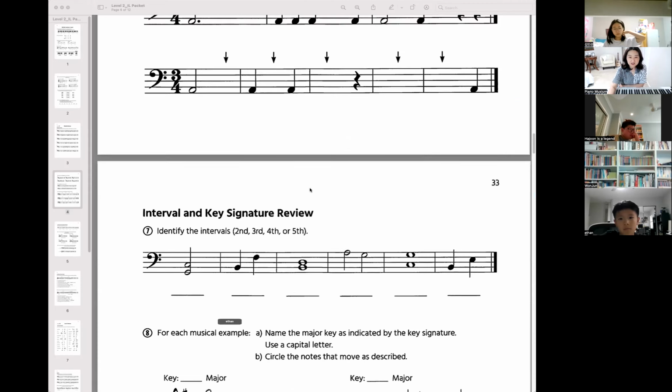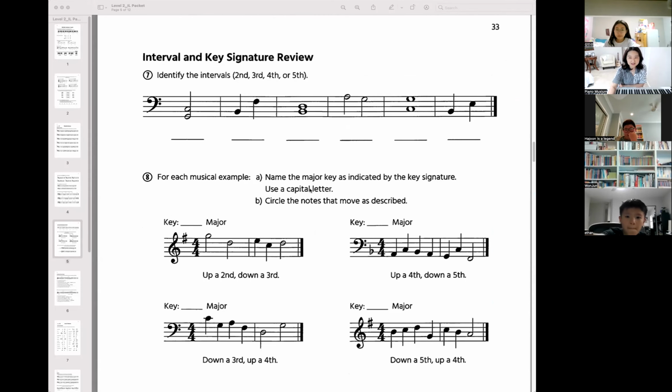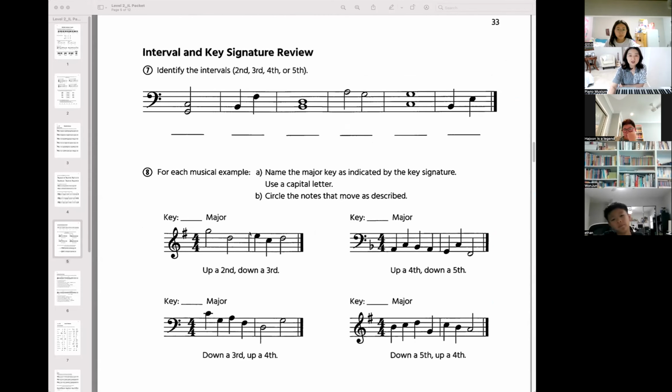So there will be a rhythm section, and then intervals now. The hardest one is this one, actually. Okay, 7 and 8.